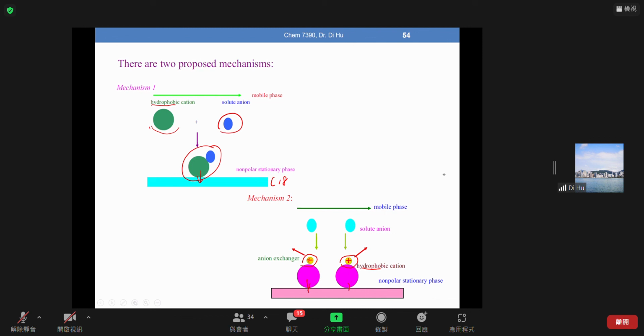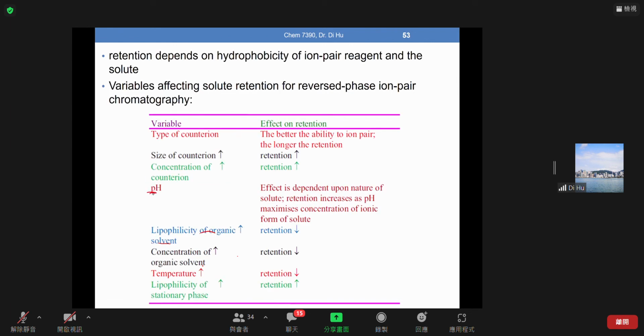Normally the reagents are harmful to the silica, and you have to make sure the pH is good. You have to control pH well, because we see that pH can influence the result as well. So this may not be good. And also the equilibrium of this ion pair system is quite slow.